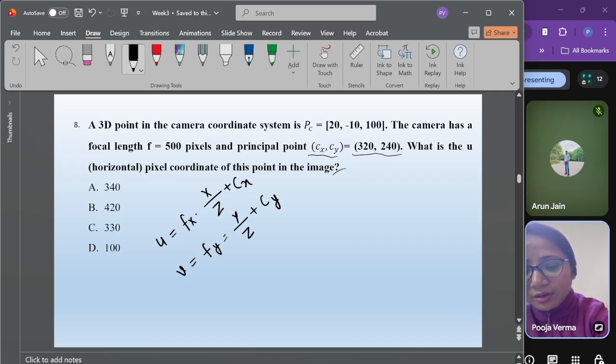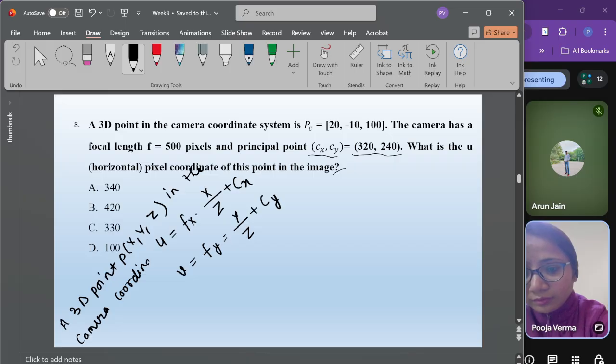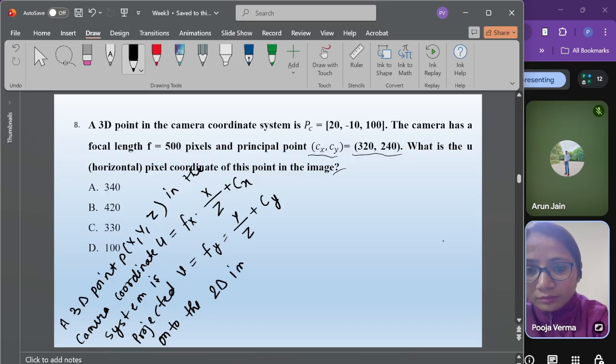I can write it here. A 3D point, let's say P with X, Y, Z, in the camera coordinate system is projected onto the 2D image plane.